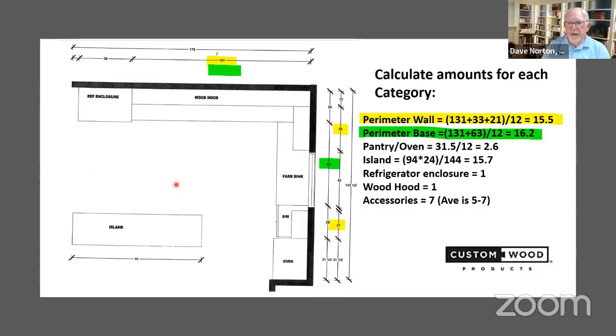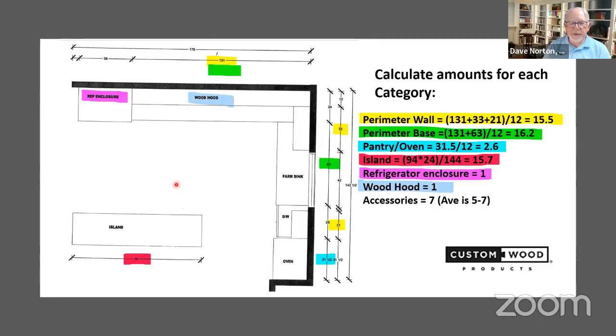Oven or pantry cabinets, in this case just one oven cabinet, is 2.6. Our island, again in square feet, is 15.7. Refrigerator enclosures and wood hoods are per each, so we've got one of those.